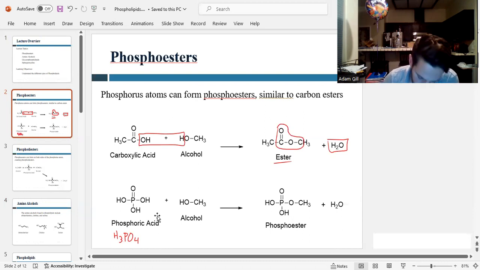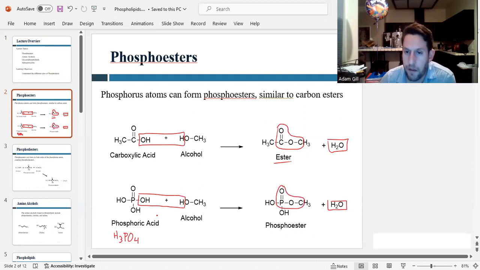It can do the same reaction, where we kick out H and OH. That's going to leave as water. And what we have now is an ester, but with a phosphorus atom instead of a carbon. We call this a phosphoester.